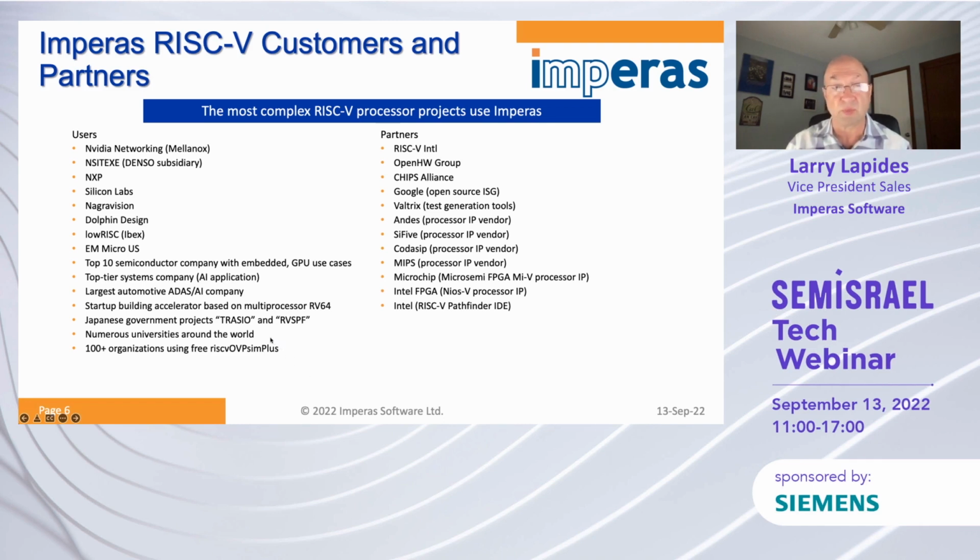One is that there are numerous universities around the world, tens of universities around the world that are using Imperas tools for RISC-V. And the second is that with this free instruction set simulator that we provide, RISC-V OVPsim Plus, we have more than 100 organizations that are using this free instruction set simulator, either as a reference model for DV or for initial software development.